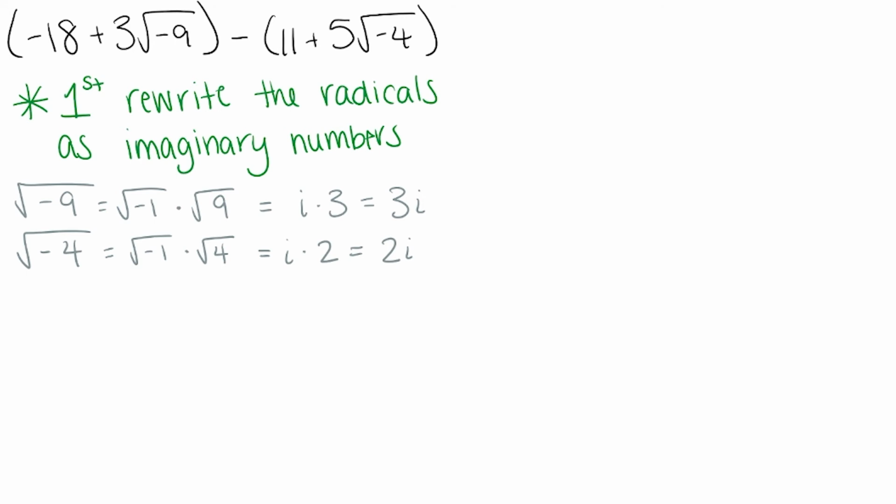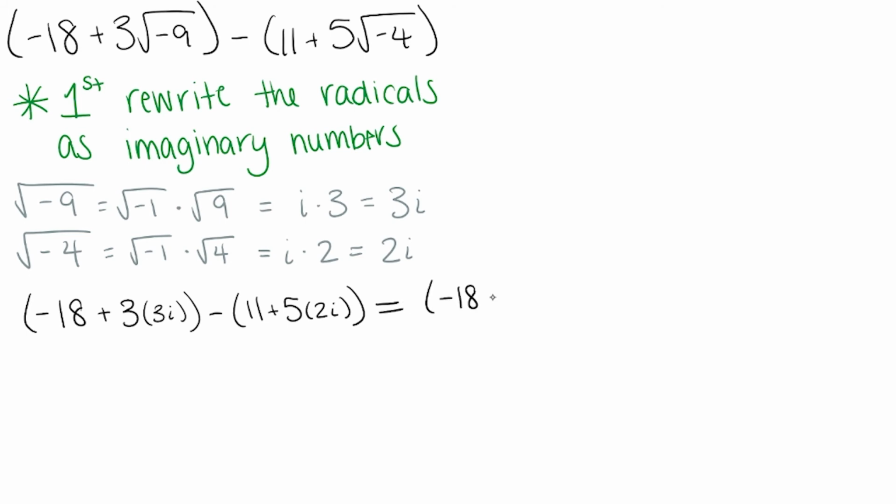So now let's rewrite our expression with these imaginary numbers. This becomes negative 18 plus 9i minus 11 plus 10i. Now we can distribute our negative and change all of our signs.